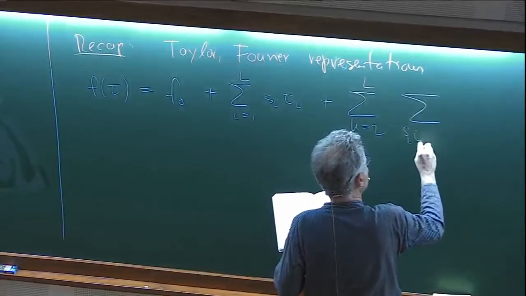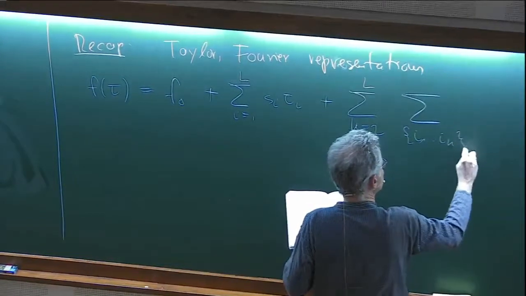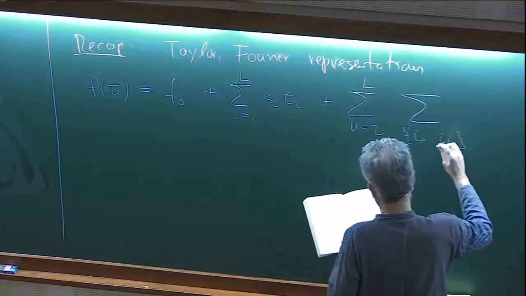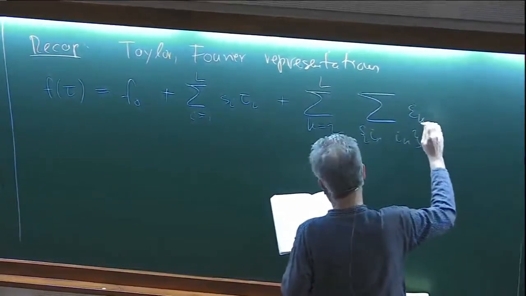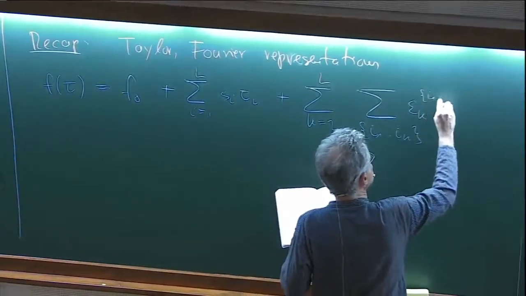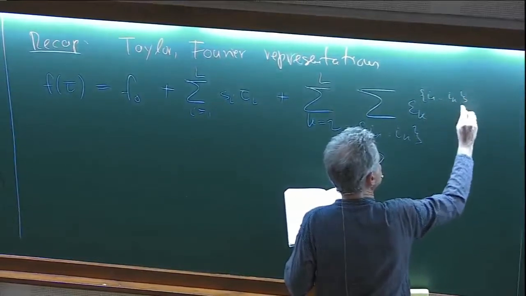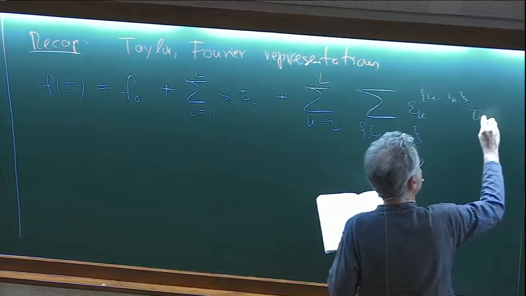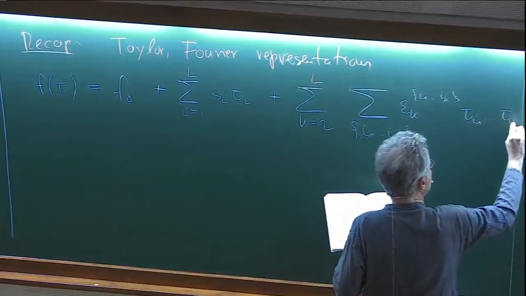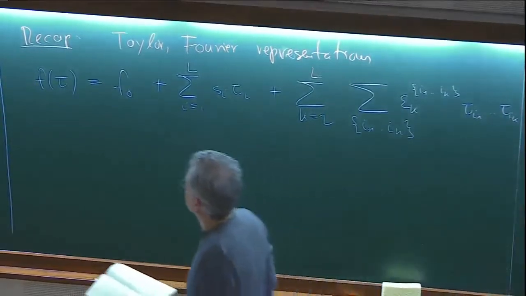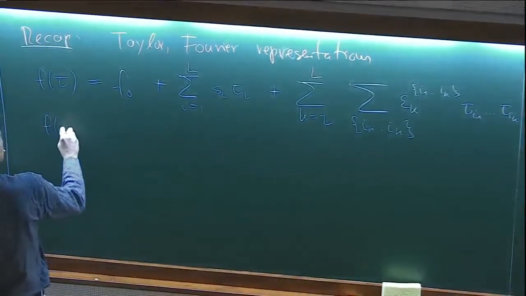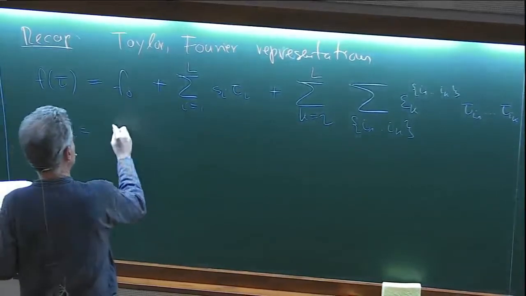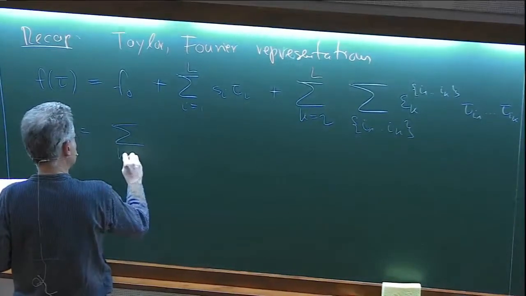And here we sum over subsets. And the second representation has the A coefficients.